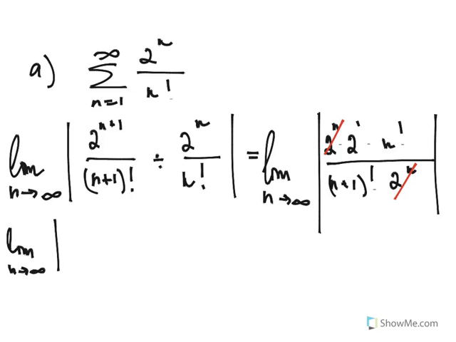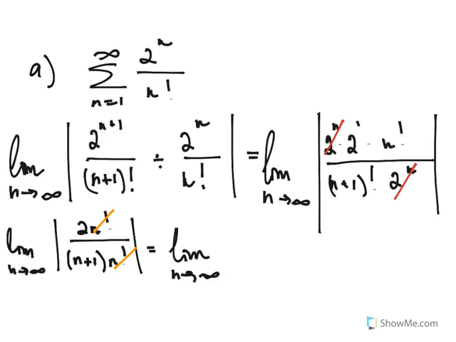We have 2, we have n factorial. On the bottom we have n plus 1, which is equivalent to n plus 1 times n factorial, as we talked about in class. Now again, we can simplify even more, and we end up with 2 over n plus 1.